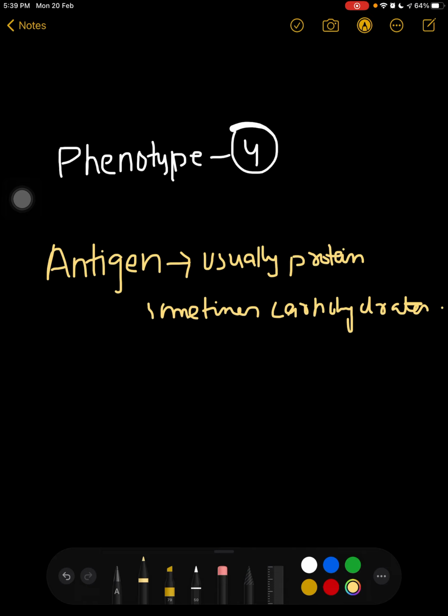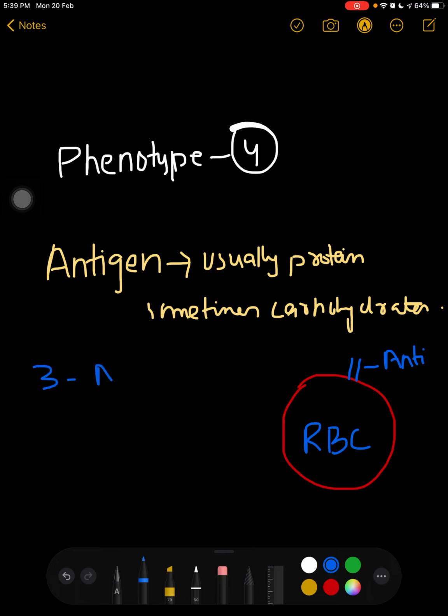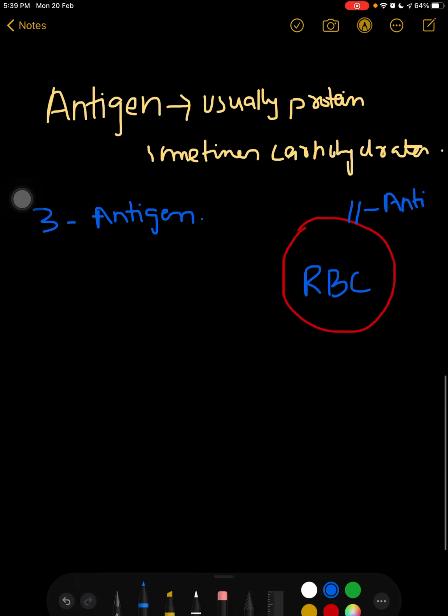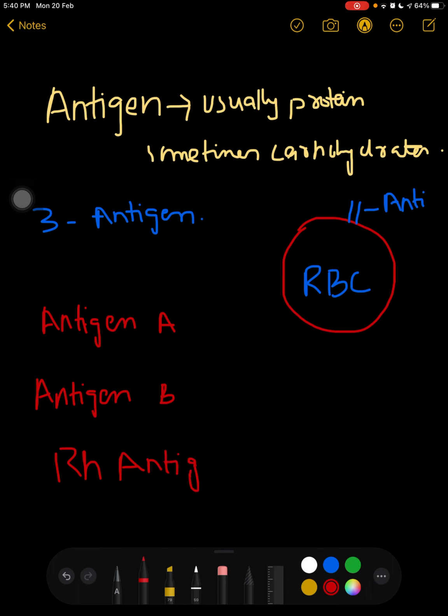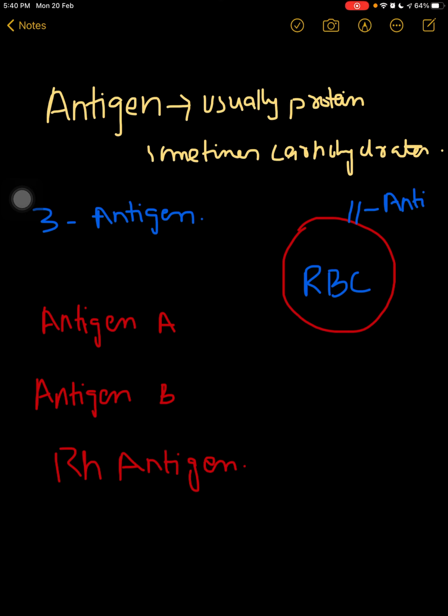First, we have antigen A. Second, we have antigen B, and then we have the Rh factor, Rh antigen. So we have three antigens.